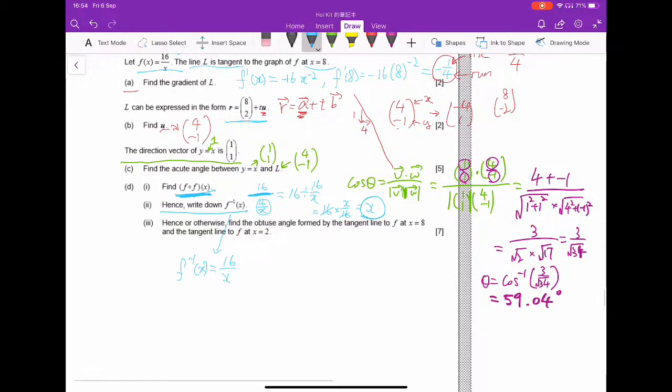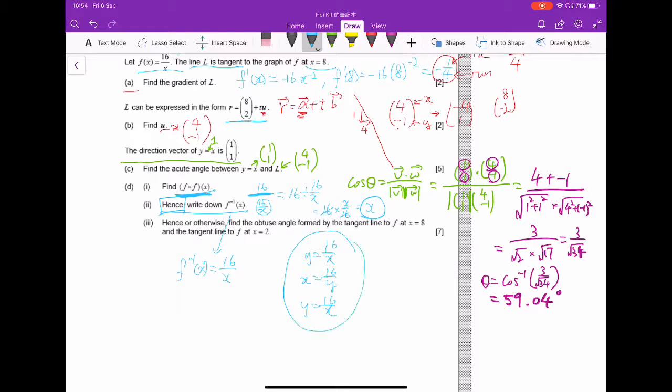Okay? As a matter of fact, this question says hence, so you have to use this fact to get your answer. And in your working, you cannot show any kind of calculation where you try to find the inverse of f. For example, the normal way of finding the inverse of f is to write f(x) as y, then swap x and y and then make y the subject, right?